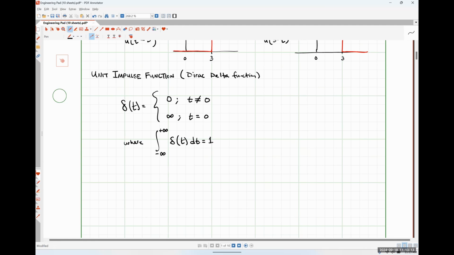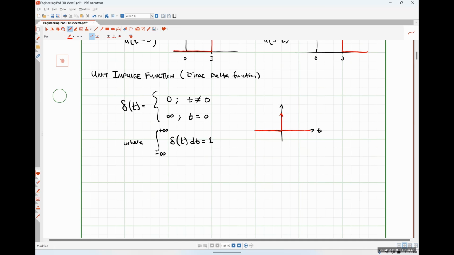So if I were to plot something like this, where this is my time axis, I would have it 0 until we hit t is equal to 0, and then I would represent an impulse as an arrow directed up at t is equal to 0, and then it immediately falls back down to 0 and stays at 0 forever.